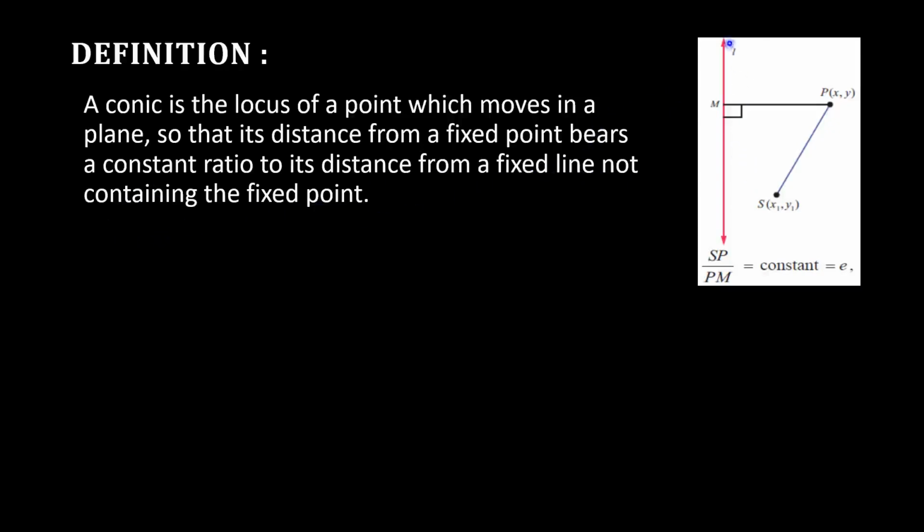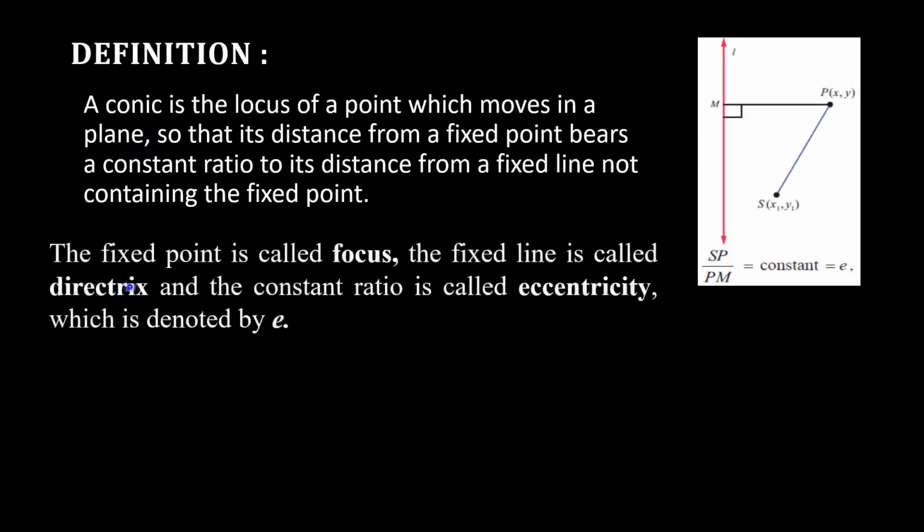This is the fixed line. That is, the ratio between SP and PM, SP divided by PM, is equal to a constant. That is the definition of the conic.